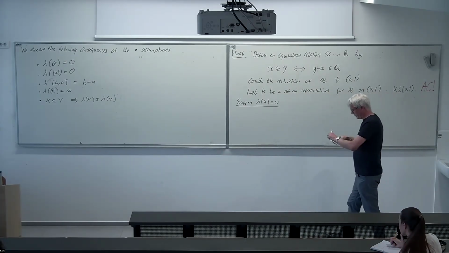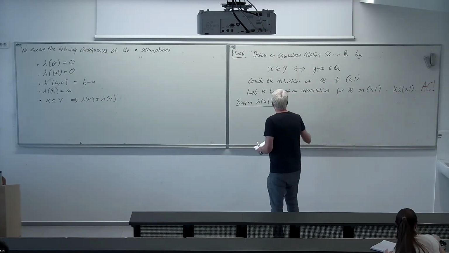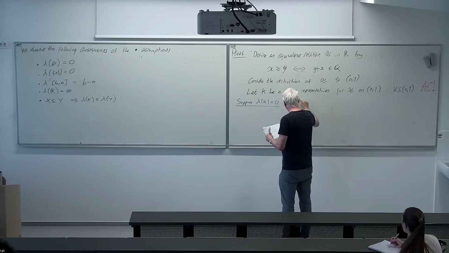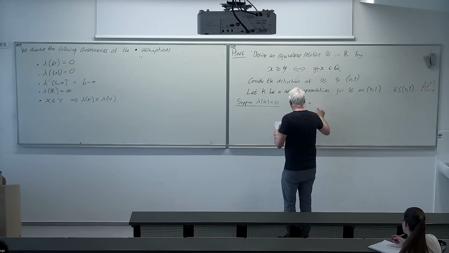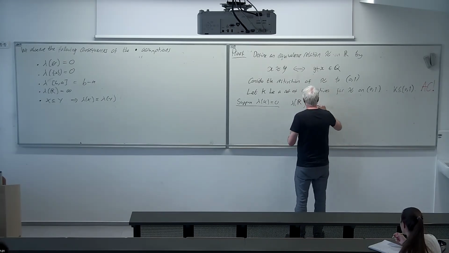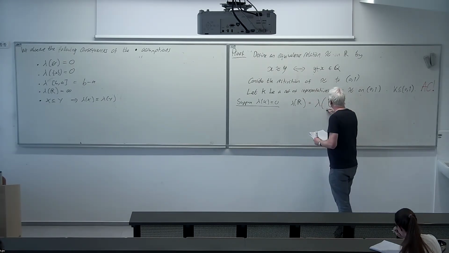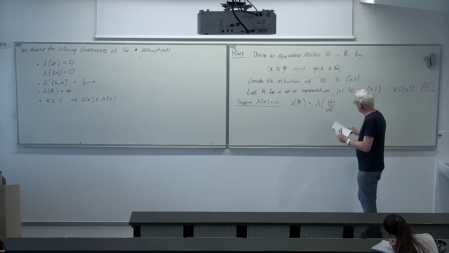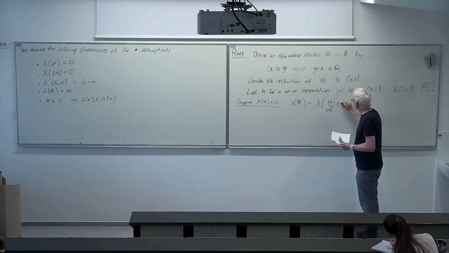Well, then the length of the real numbers is the length of the disjoint union, a countable one because it's indexed by rational numbers, of the sets K plus q.